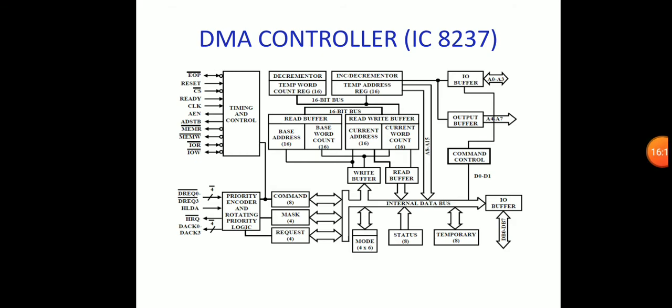The block transfer mode is used so that a block of data can be transferred while the processor is running. In the memory to memory transfer mode, data can be transferred from one set of memory addresses to another set of memory addresses. For this, it uses one temporary register between the source and the destination.